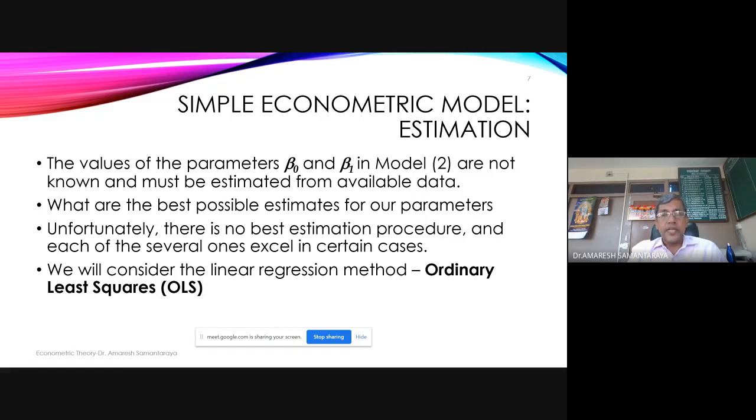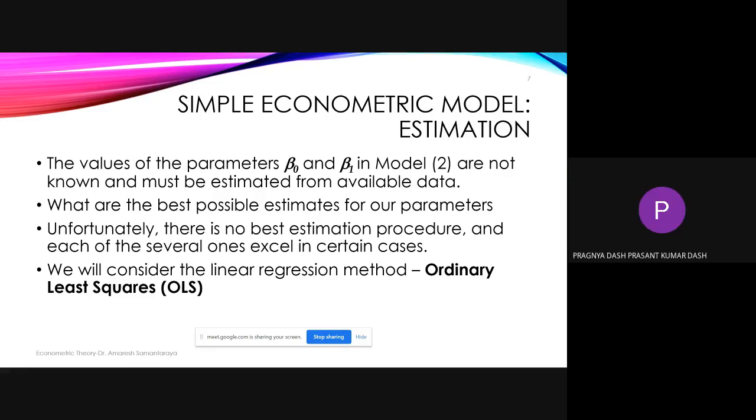Theoretically, the econometric model which we are discussing is applicable in general. In general, Keynes suggests that beta 1 value will be greater than 0, less than 1. Now, you may have a sample, maybe you collected information for 100 people and estimated a relation in which you found beta 1 to be 0.